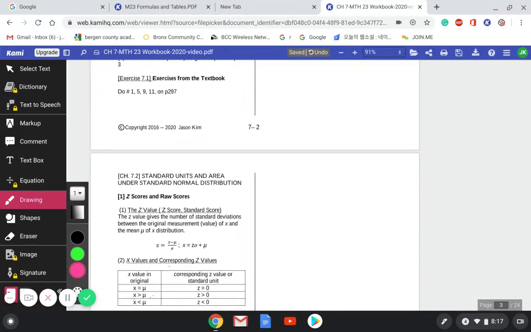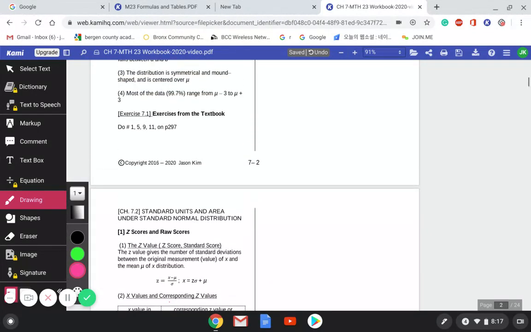So now the only problem is that each case, each problem, has its own normal curve.